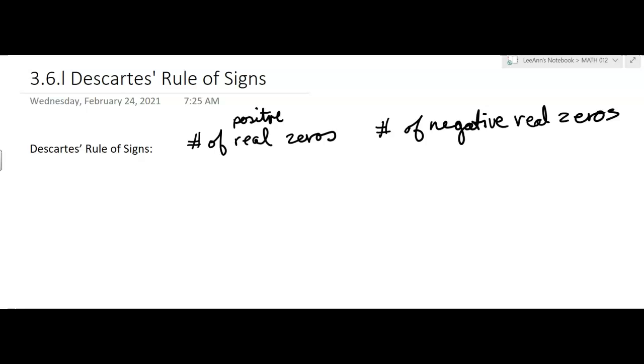And it doesn't tell us anything about rational zeros. That's the rational zero theorem. Okay, this is just talking about how many real zeros are positive and how many real zeros are negative. Okay, and it says this: if you have a function, and I'm just going to make one up, what you do to find the number of real zeros is you count sign changes.